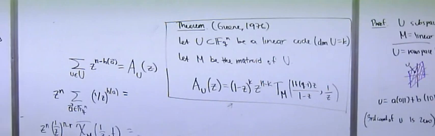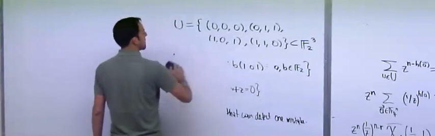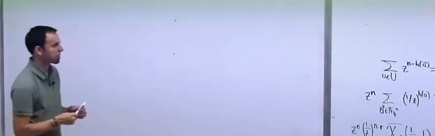Okay. And so this theorem tells us that a lot of the things that you want to compute for linear codes are obtained immediately from the top polynomial. Okay.